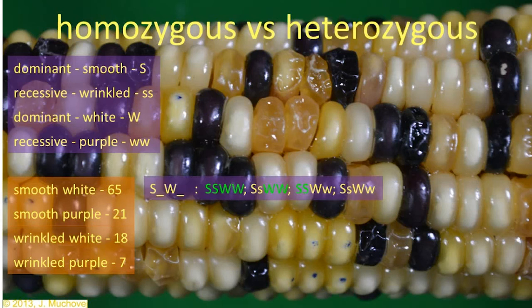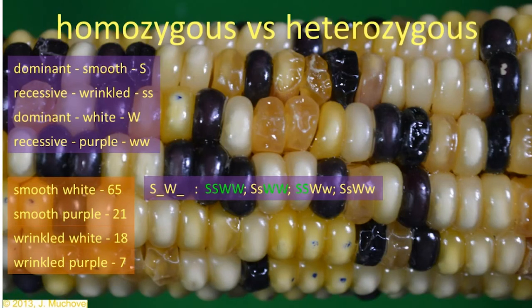So if we go back and we start looking at this, and we pick up our smooth white, in that particular group, what do we got? We've got cap S, homozygous, cap W, homozygous, so that's homozygous for both characteristics. We could have a cap W, which would be homozygous for the white.